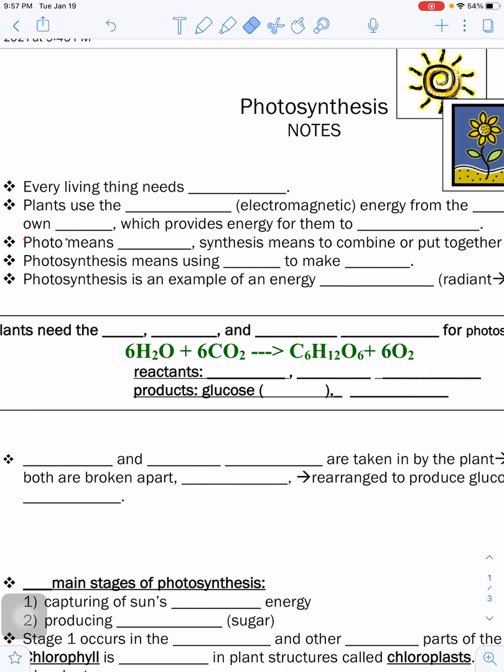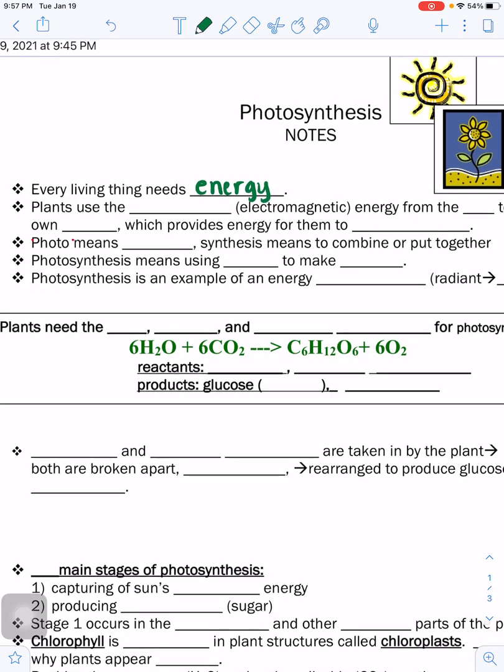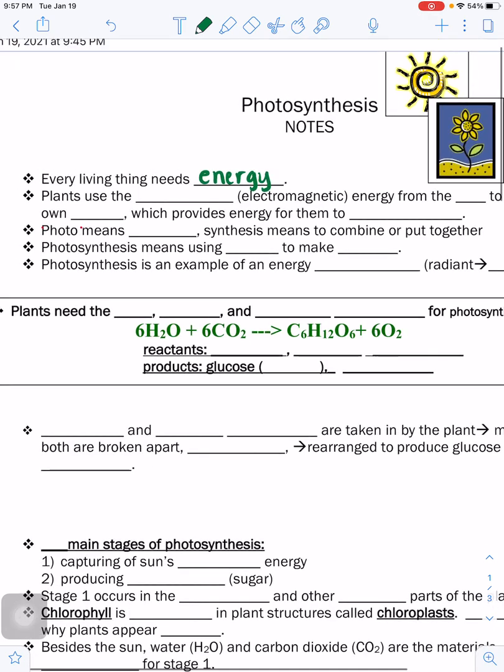Every living thing needs and uses energy. Plants use the radiant, also known as electromagnetic. In 6th grade in Texas, you learned about the different forms of energy, and radiant was the energy that travels in waves. So microwaves, light waves, sound waves.